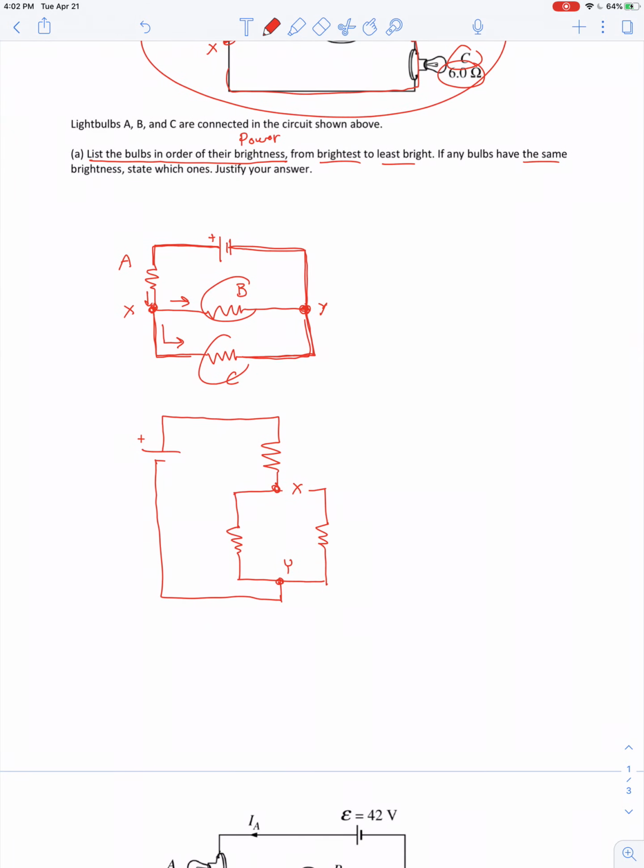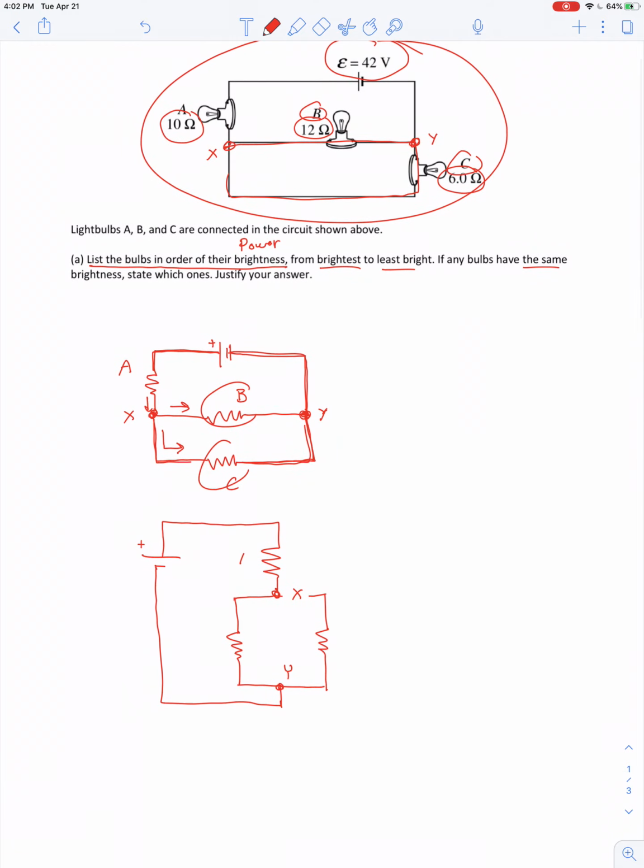And this is equivalent to, well, let's plug in the values now. This is bulb A, these are bulbs B and C, and so A was given as 10 ohms of resistance, and B was given as 12 ohms, C was given as 6 ohms. Well, B and C are clearly connected in parallel, and the rule for parallel says the equivalent resistance is the product over the sum.